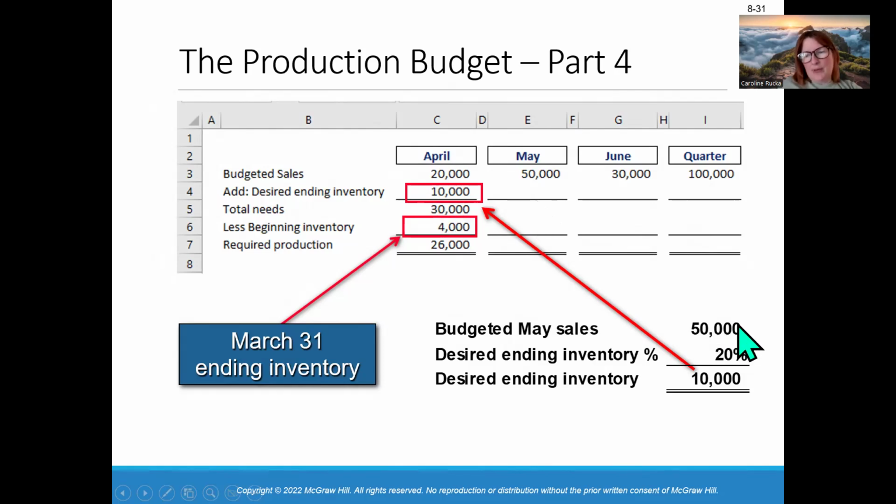So that's 50,000 times 20%, 10,000. So we add the amount that we expect to sell in April plus this extra 20% of next month's. That's how much inventory we need in the month of April, 30,000. But we started the month of April with 4,000 units from the last month. 20% we already have, so we only have to produce 26,000 units.